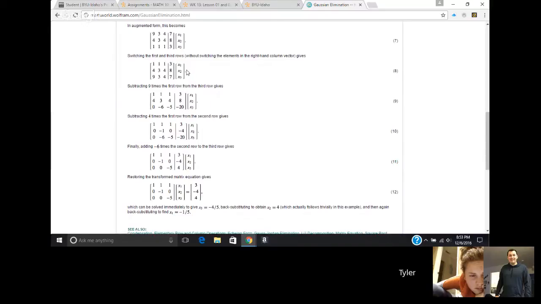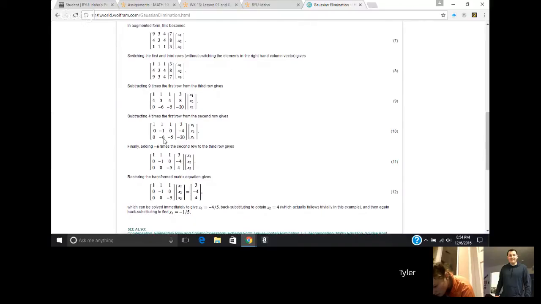Basically what they did is they're just subtracting the first row 9 times from the third row. So that brings this down to 0, this to -6, this to -5, and this to -20, which zeroes out this one, which is what you want to start happening.